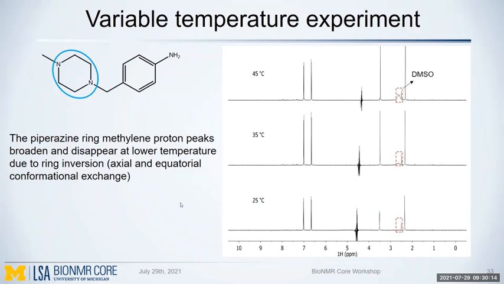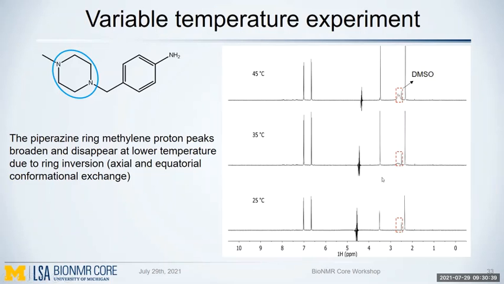As you can see on the spectrum on the right, I ran an experiment at room temperature, 25 degrees Celsius, and I found that those methylene proton peaks are missing, so they are not there. Those smaller peaks are actually DMSO. It's a solvent. So now I slowly increase the temperature.